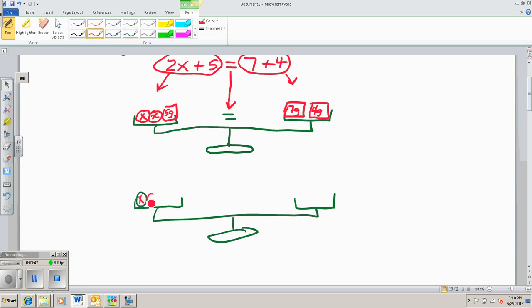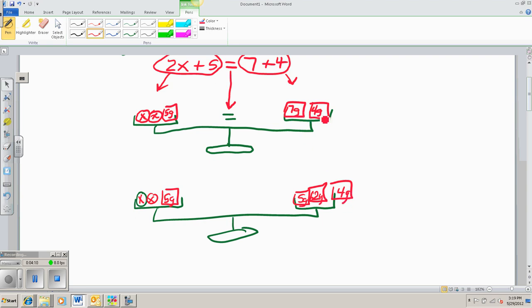Got my x, and another x, unknown weight, and I've got my 5 grams. But over here I'm going to have to put 7 grams into a form where I can take off that weight. So I'm going to turn it into 5 grams and 2 grams and 4 grams. Okay, so now isn't this the same thing? I've kind of regrouped it.